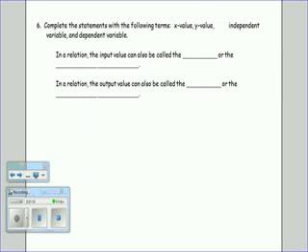Number 6. Complete the statements with the following terms: X value, Y value, independent variable, and dependent variable. In a relation, the input value can also be called the, what else can the input be called? X value. Or the independent.